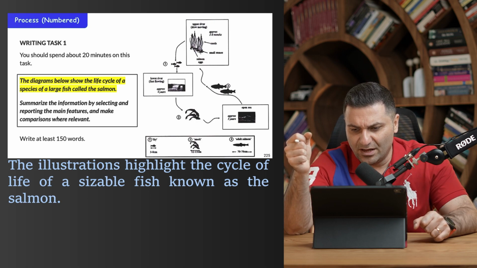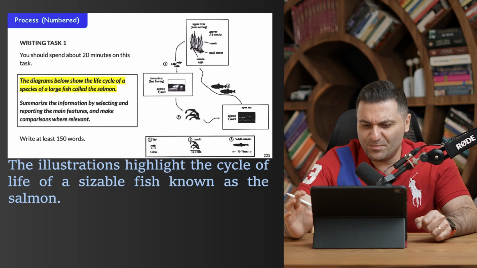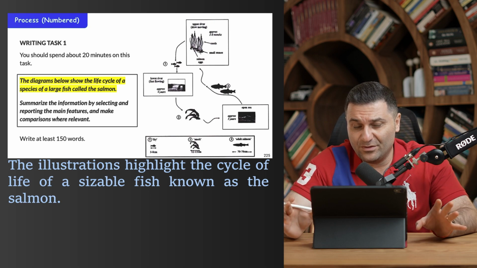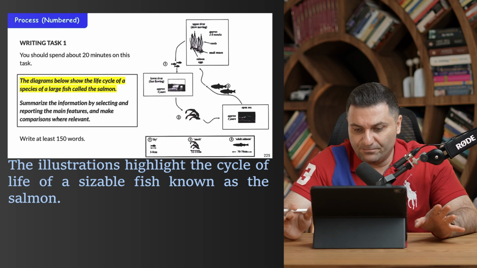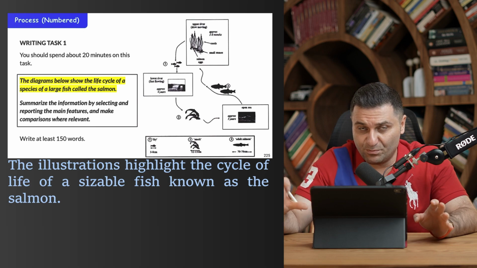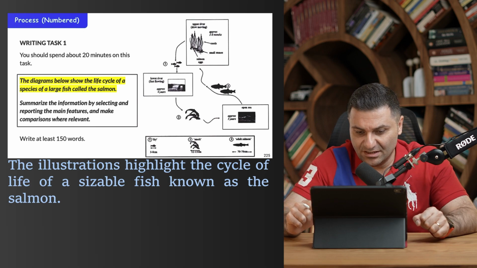So that would be better if we changed the word order, all right? So we have sizable fish known as the salmon, and we put it in the middle of a sentence.